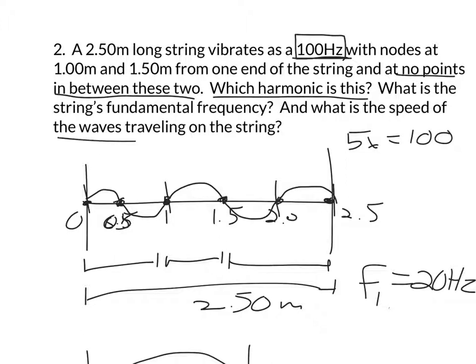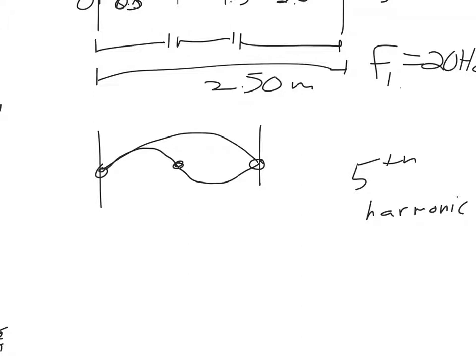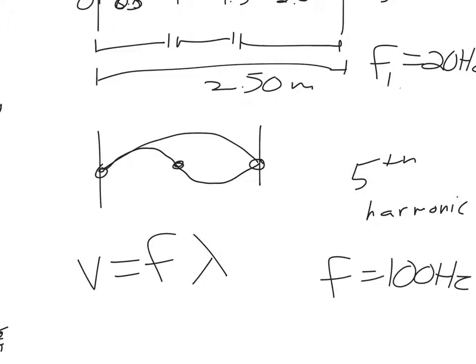What is the speed of waves traveling on the string? Right now, I think it means this one, not the fundamental harmonic, but the fifth harmonic here. What is the speed of these waves? So our speed equation is v equals f lambda. The frequency at the fifth harmonic is 100 hertz. They told us so. So now we need a lambda.